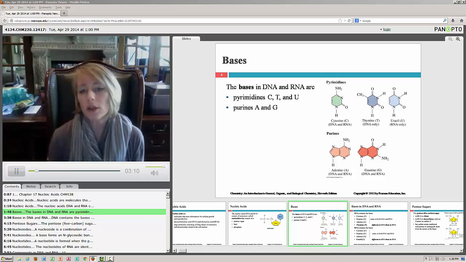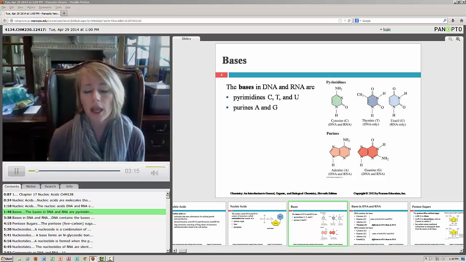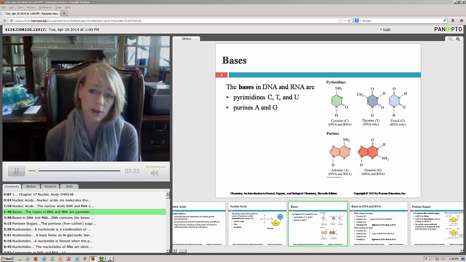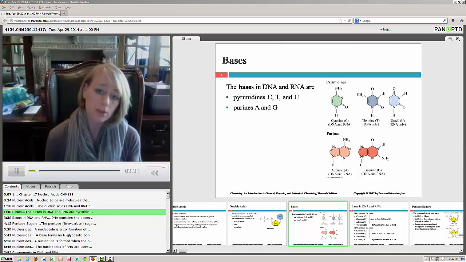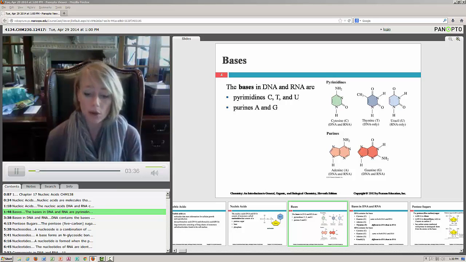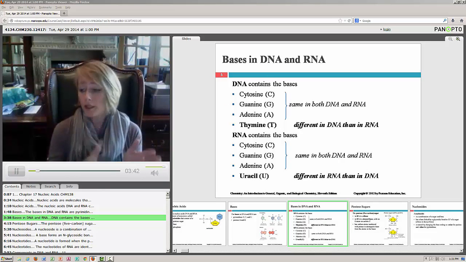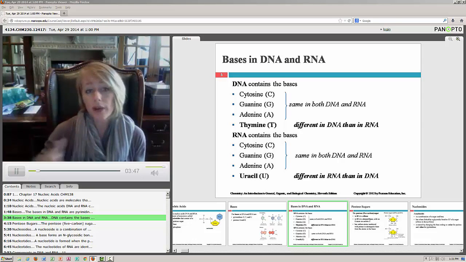So you do need to know that the pyrimidines include cytosine, thymine, and uracil, and the purines include adenine and guanine. And by the way, when we describe them, typically you won't use their full names. Rather, you'll just use the capitalized first letter of the word. So cytosine would be base C, thymine would be base T, and uracil would be base U. And when we describe the different sequences that take place in the DNA and the RNA, we describe them with the base itself.